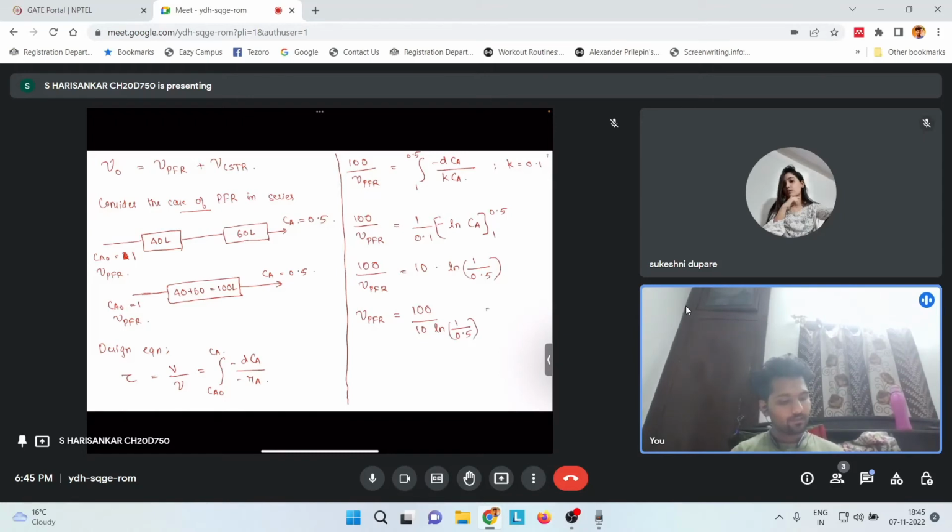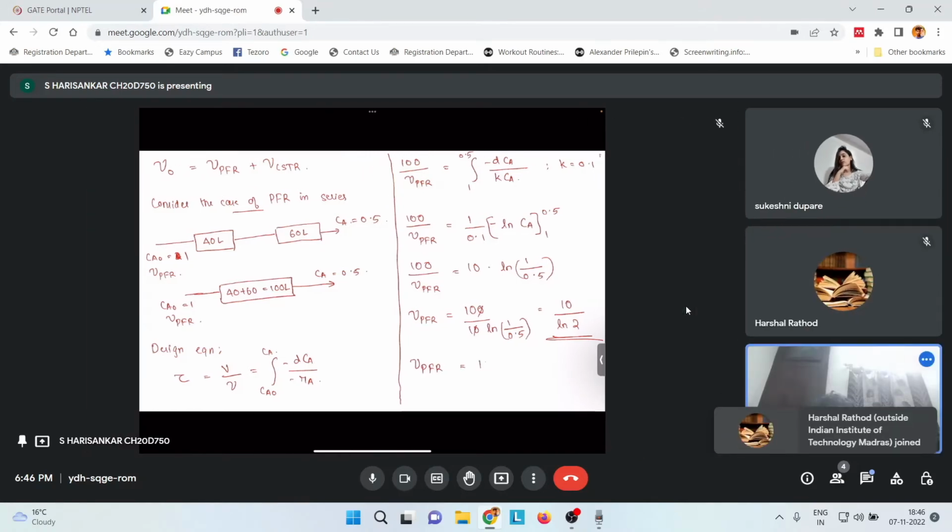If we cancel this 10 and 100, it is 10 by ln 2. So if we do the mathematical operation here, we'll get nu PFR as 14.43 liter per minute.